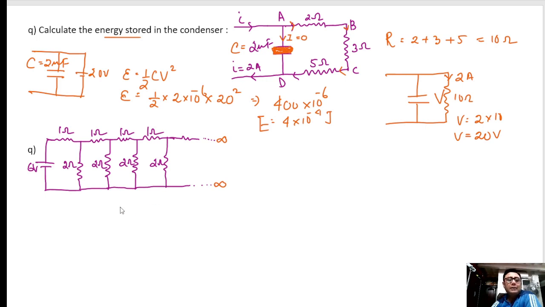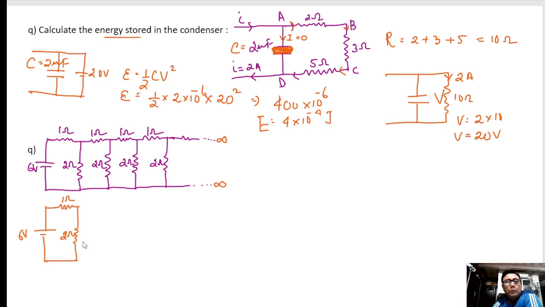So your target will be to draw the figure like this. This is 6 volt, 1 ohm, this is 2 ohms, this is 1 ohm, and now your job will be to connect a resistance here.